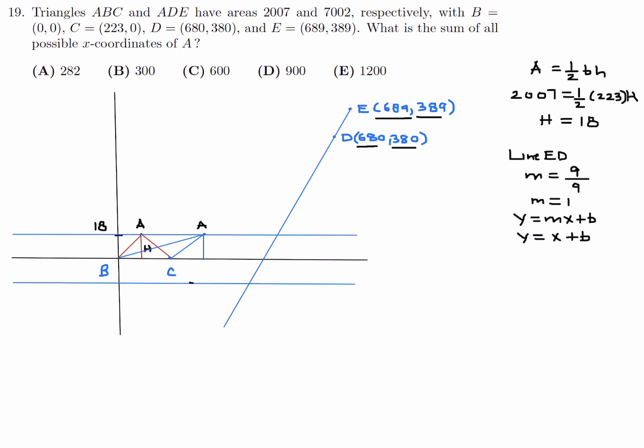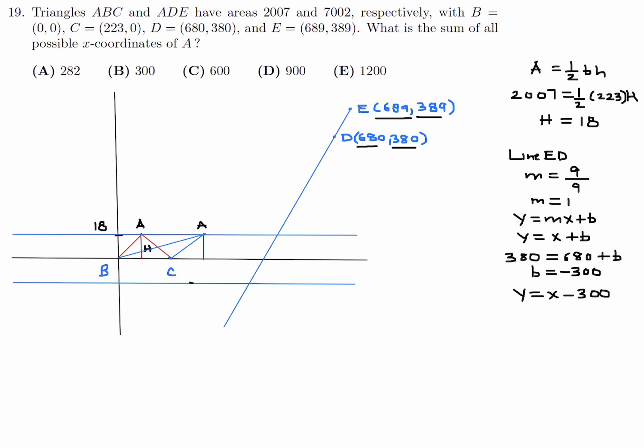And then we can substitute either of these points to get the value for b. I'll just use this one. If I do that, I get y is 380, x is 680, plus b, and therefore b is equal to minus 300. So the equation of this line is y is equal to x minus 300.